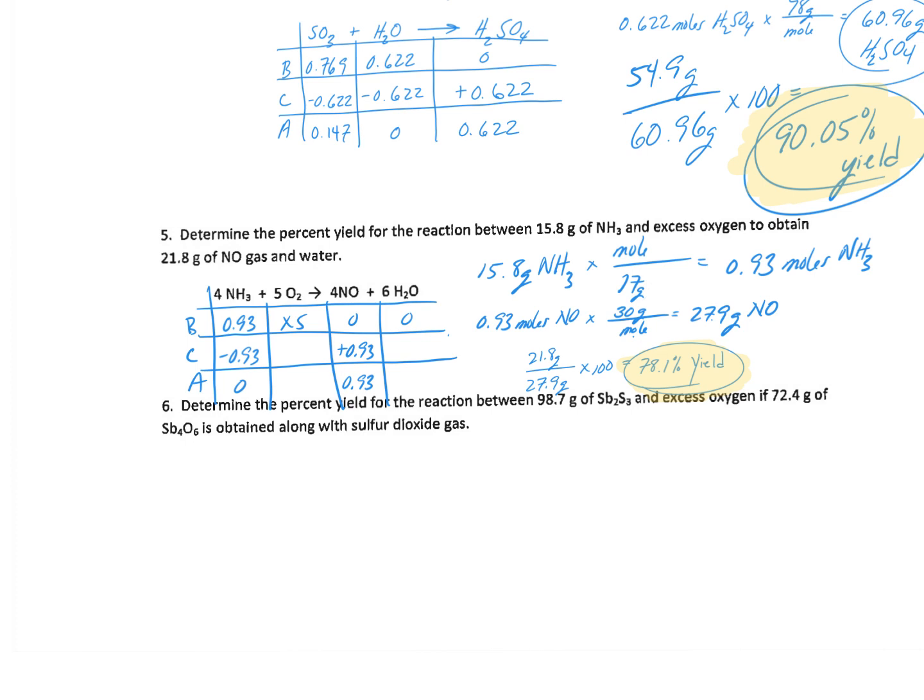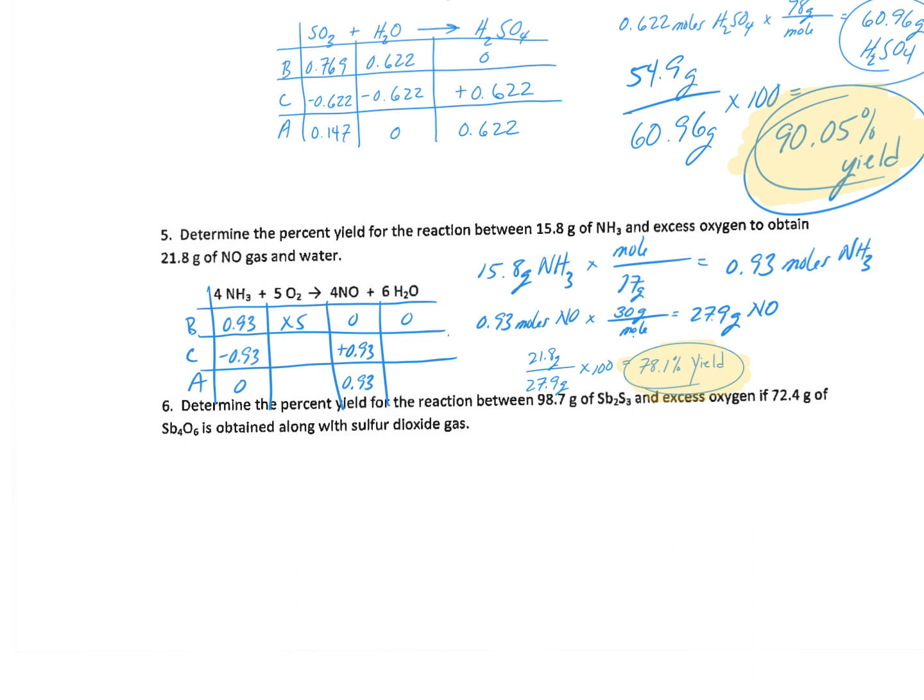Now, it's especially easy because we've got a 4-to-4 ratio between the reactant that is limiting, which is the ammonia, and the product that we're interested in. We're interested in the amount of NO because that's what we're being asked about. Nobody's asking us anything about the water.